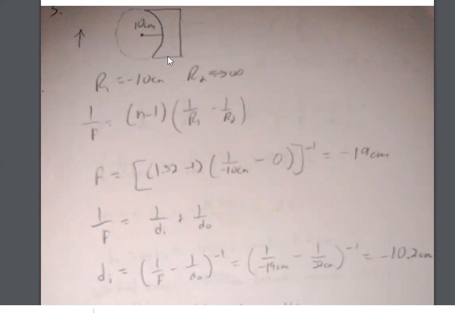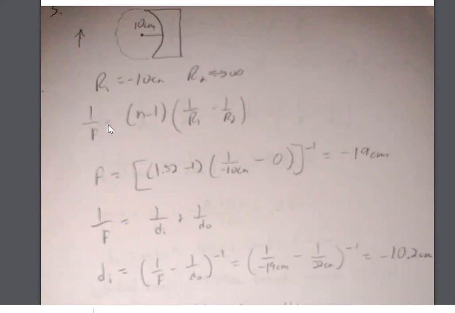So if we had drawn this whole sphere here, it would have a radius of 10 centimeters. But remember, if we have a concave lens that's toward our object, it's concave toward our object, then the radius is negative. So R1 is negative 10 centimeters. And our backside is flat, which means that our R2 is infinite.